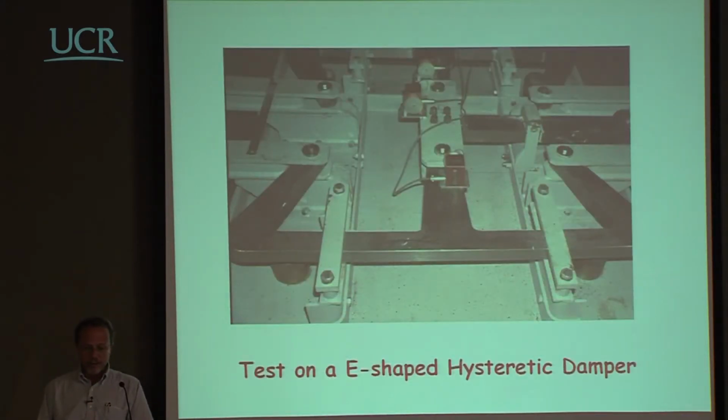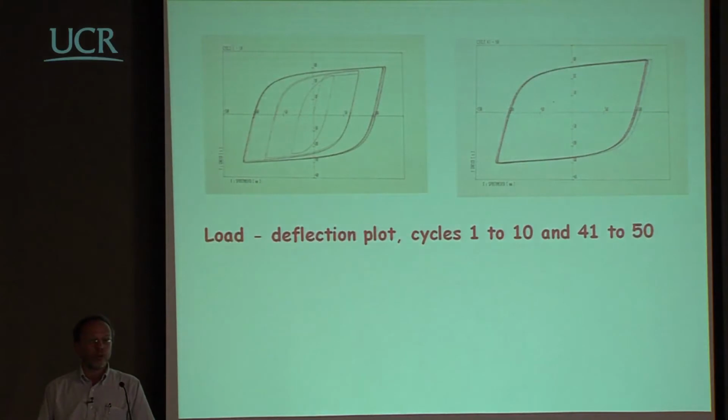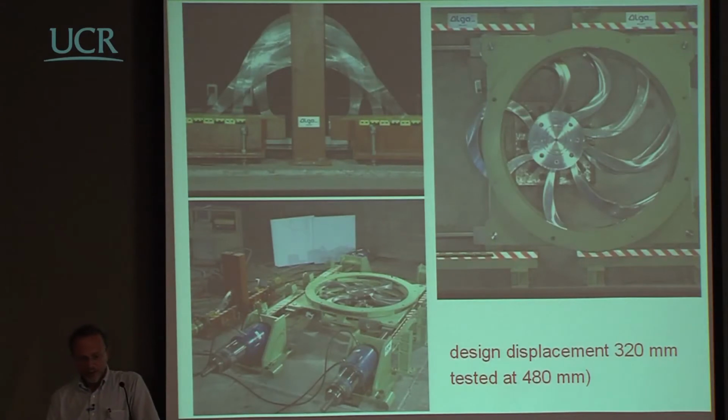And these are tested in a laboratory. And this is the kind of loops that you can obtain. So you are essentially dissipating energy. And you see that if you look at the first 10 cycles or at 50 cycles, the shape does not change. This is the one that I was showing yesterday in the case of the Bolu viaduct.